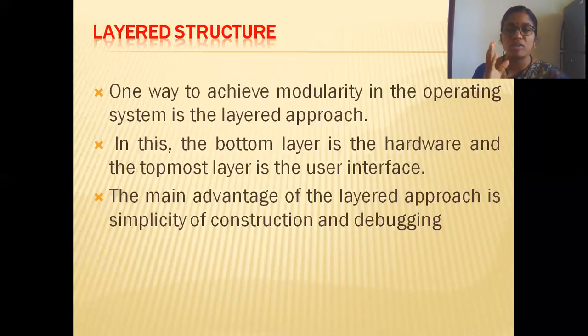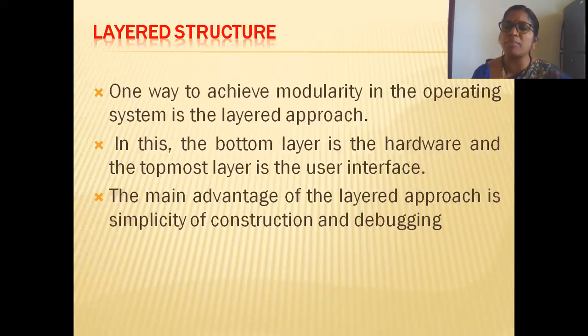I have spoken about it already in the initial stage. As an operating system has many responsibilities, it cannot be made as a monolithic structure. It has to be divided into simpler tasks, simpler chunks. So one way to achieve modularity in an operating system is the layered approach.